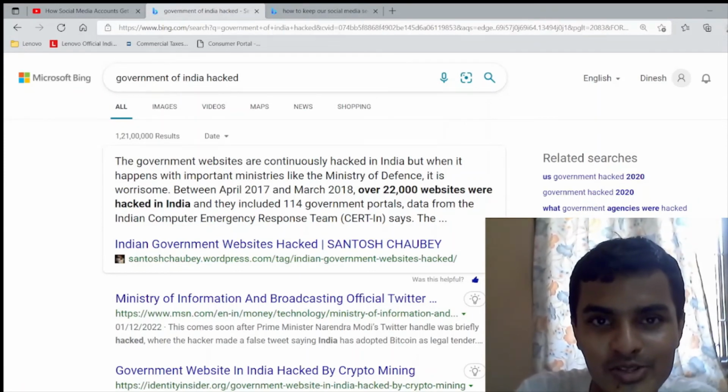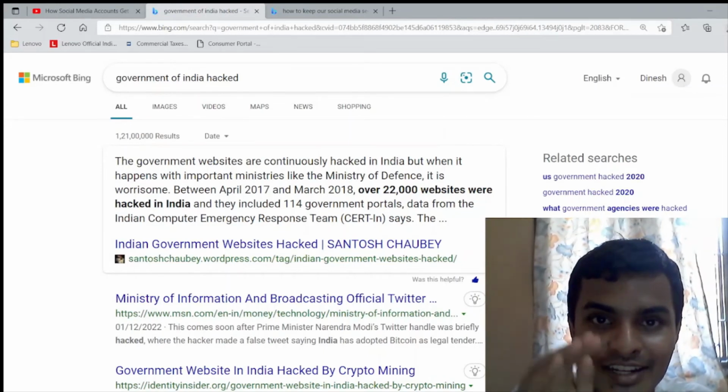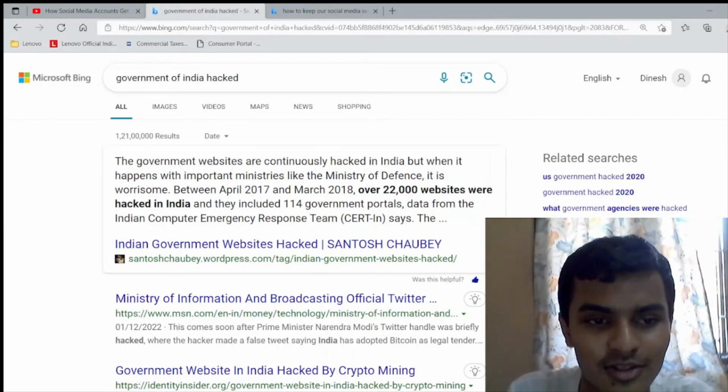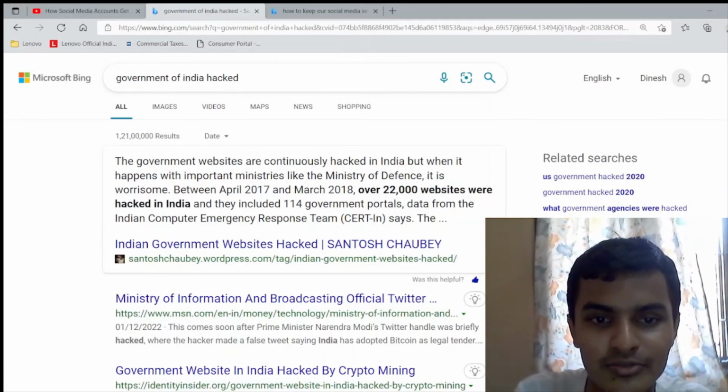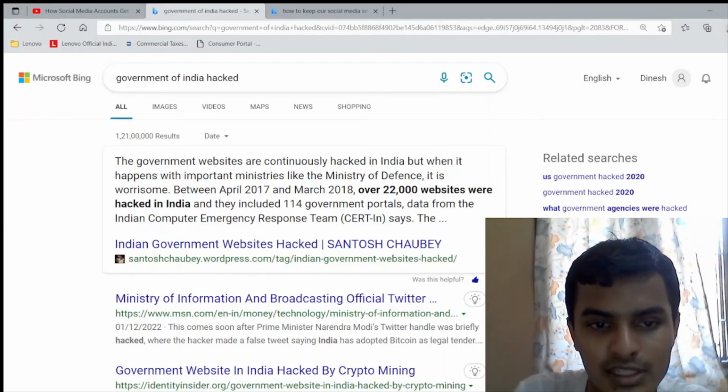Between April 2017 and March 2018, over 22,000 websites were hacked in India. This is our topic. They included 114 government portals, according to data from the Indian Computer Emergency Response Team, that is CERT-IN.